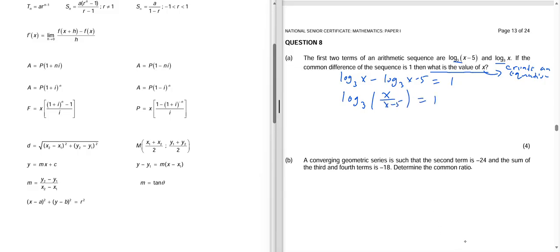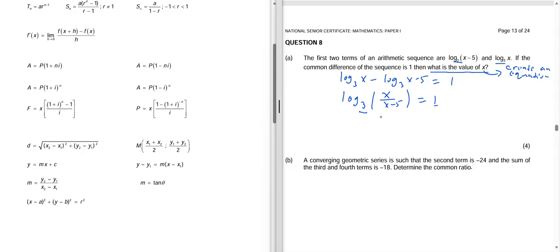Why did we implement this law? Because our target is to eliminate the logs. Is there any law that you know that can help you eliminate the log? You will say, if you say 3 to the power of 1, the log can disappear by doing that.